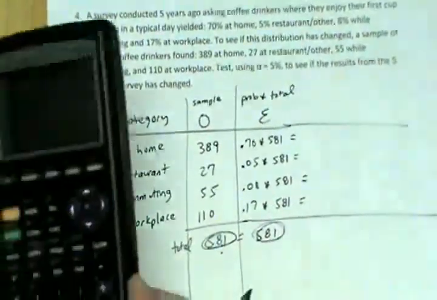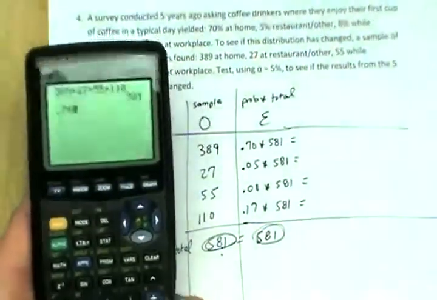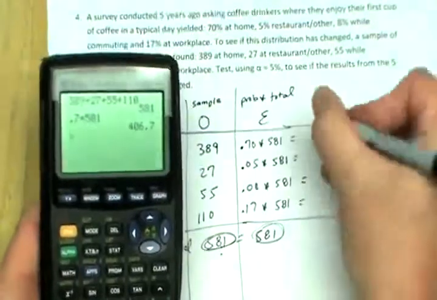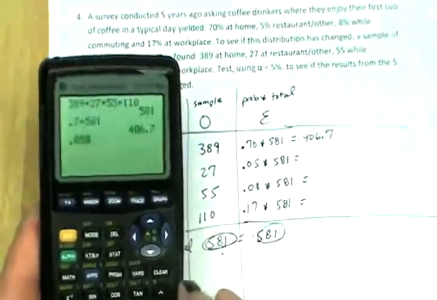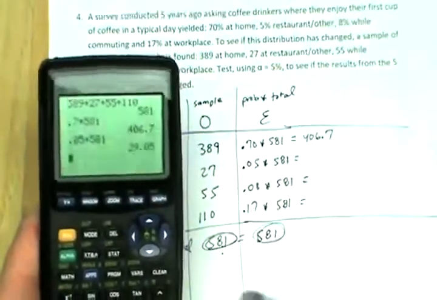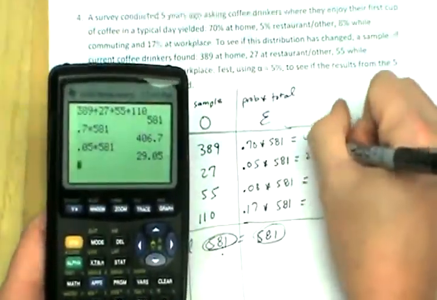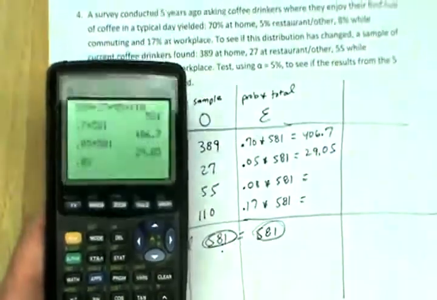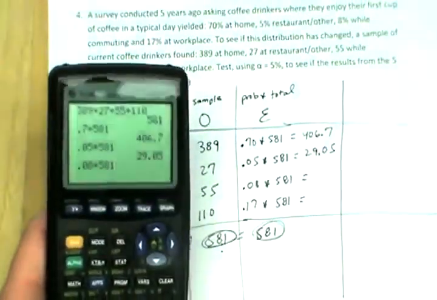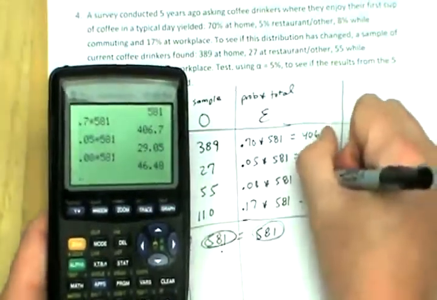So we need 0.7 times 581, which is 406.7. 0.05 times 581 gives us 29.05. 0.08 times 581 is 46.48.